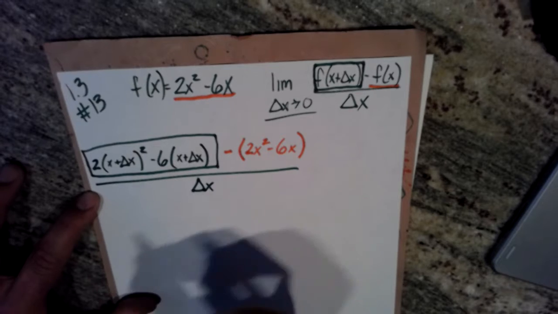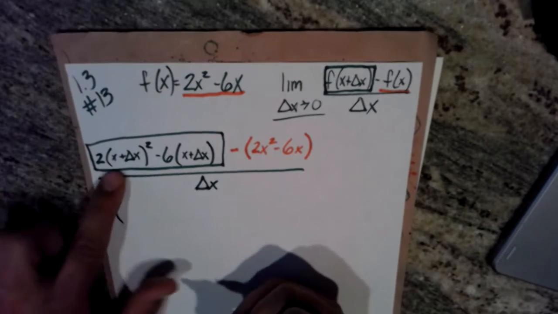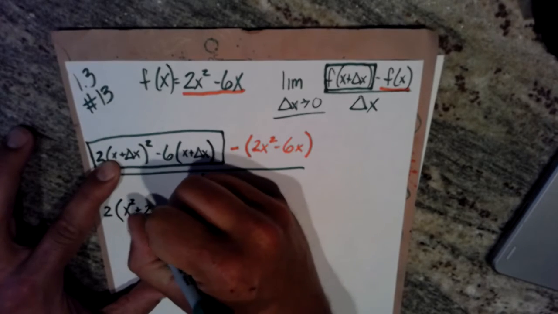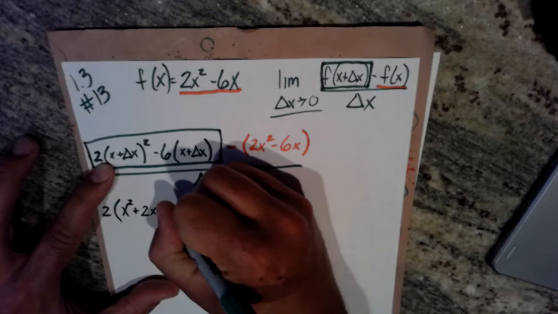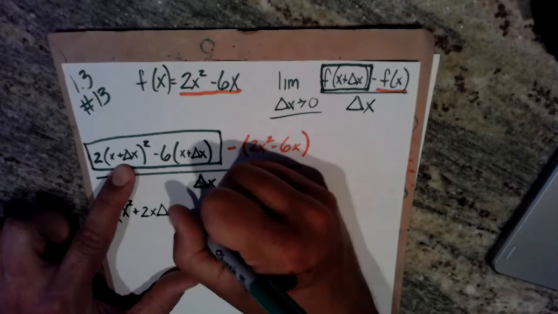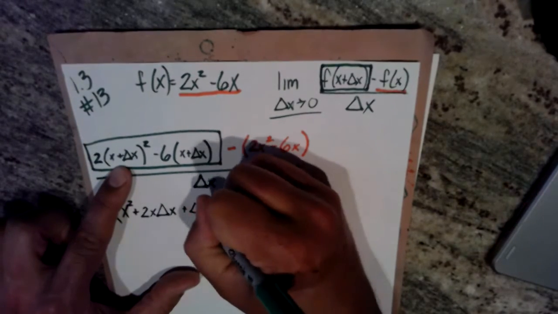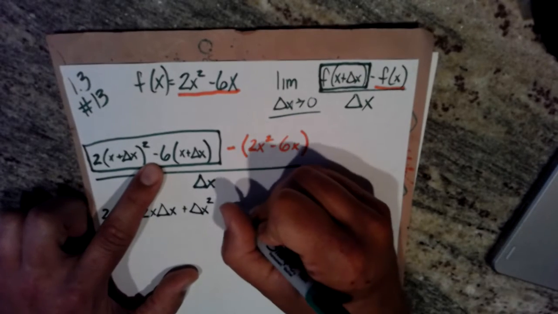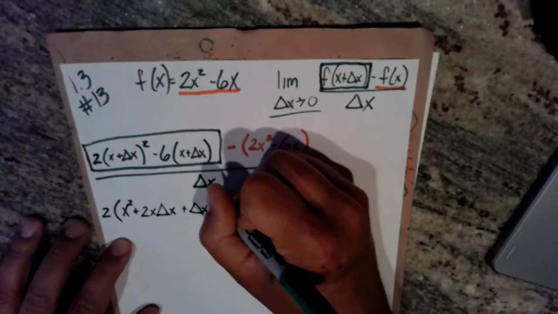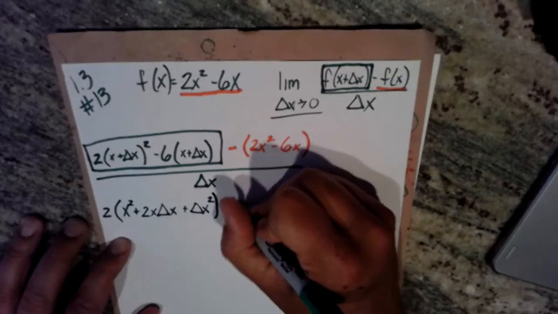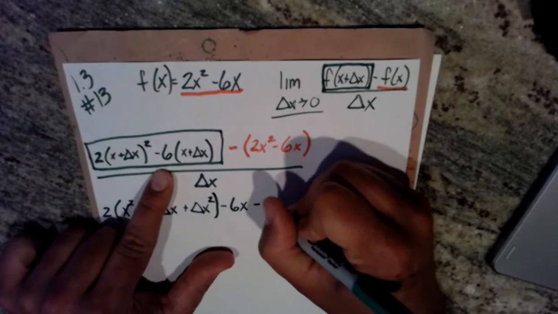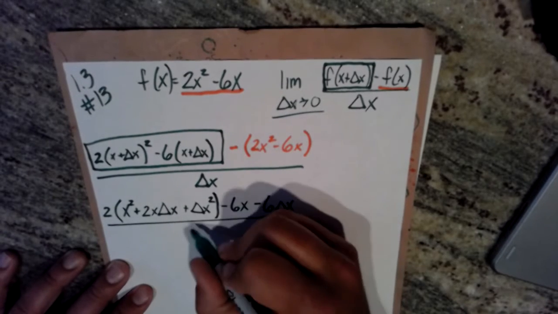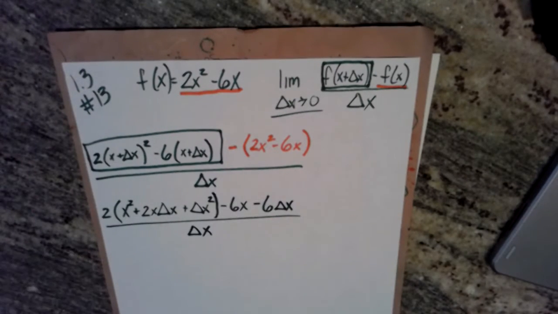So you get 2 times x squared plus 2 times x times delta x plus delta x squared, that whole thing squared, minus 6x minus 6 delta x all over delta x. Okay? All right, we're getting there.